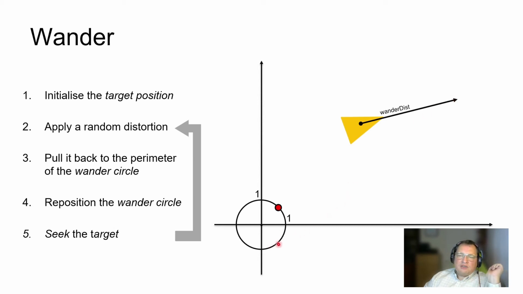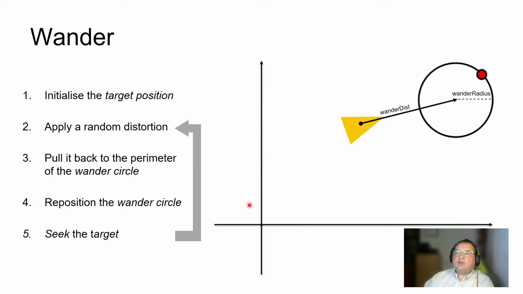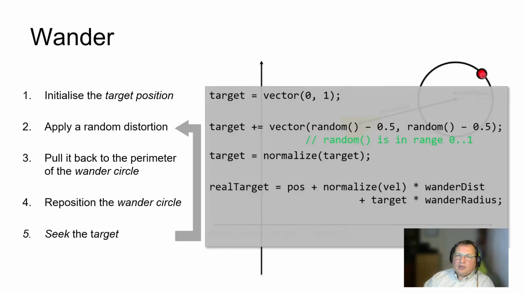Now, to get the right circle radius, we just need to scale or multiply the current coordinates of the target by our desired wander circle radius. Here it is, and we will also move this circle here. Done. This is the real position of the target, and here is the corresponding C++ code, maybe pseudocode.